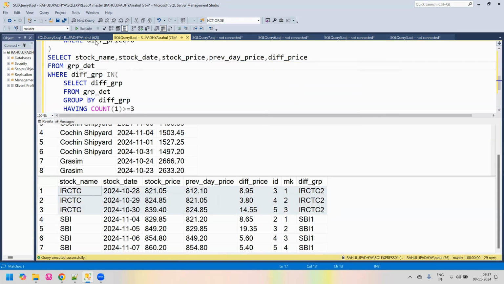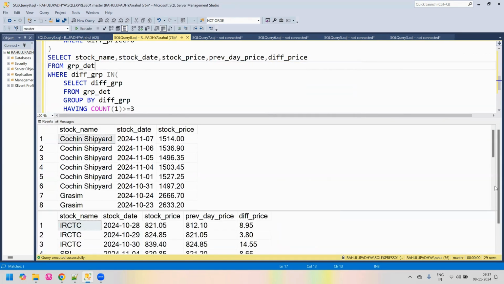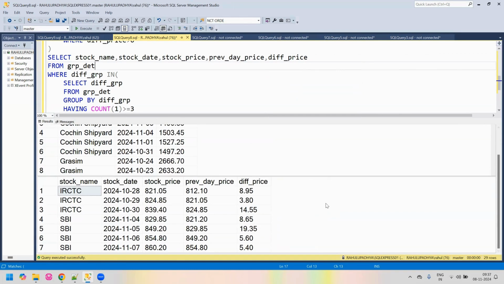So let's run and see the output. So this is our final solution. We have solved the problem to identify the stock details where the stock price is increasing when compared with previous day for 3 or more consecutive days.